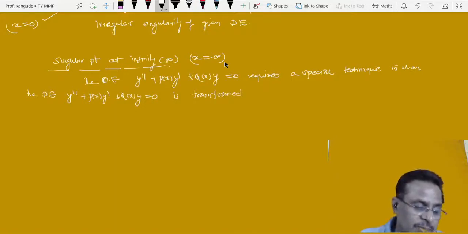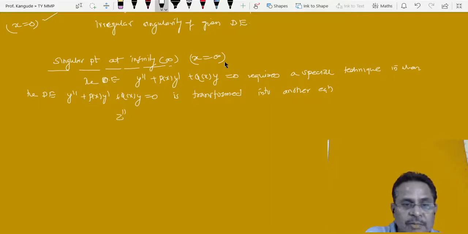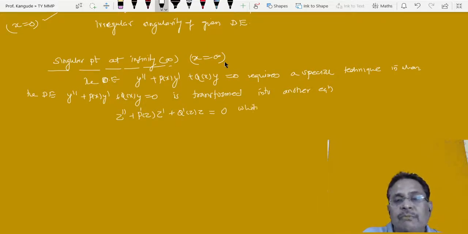This is transformed into another equation, z double dash plus p dash of z into z dash plus q dash of z into z is equal to 0, with the help of a transformation.